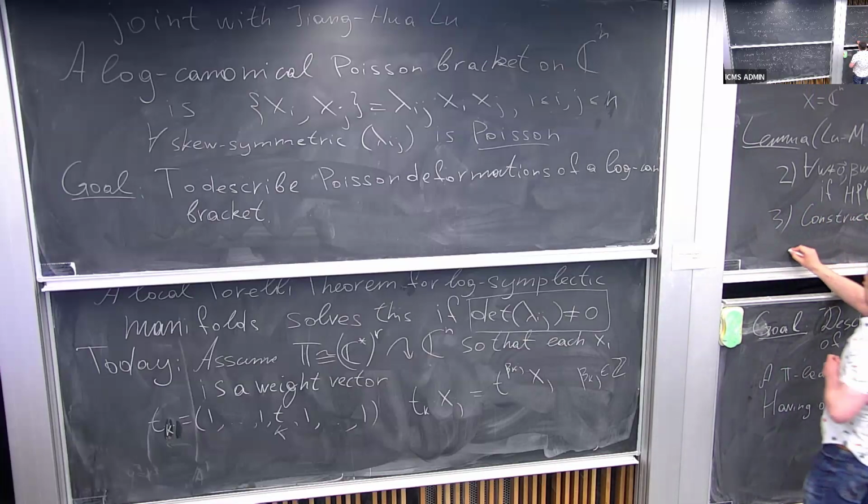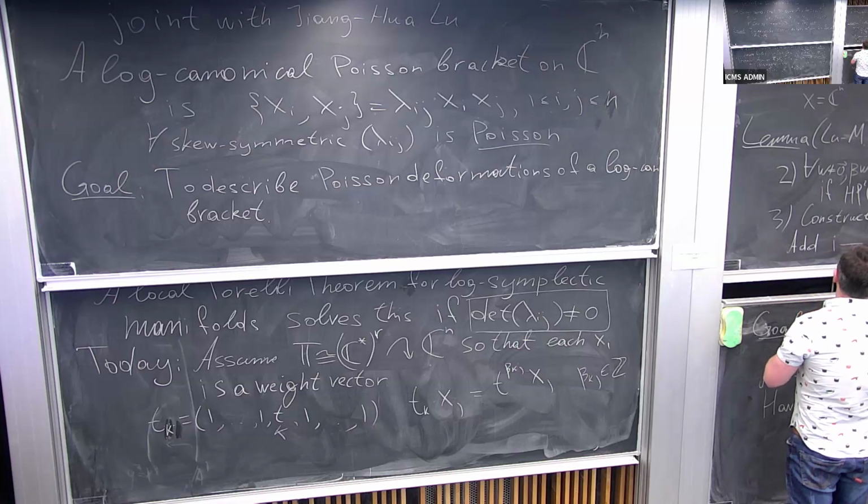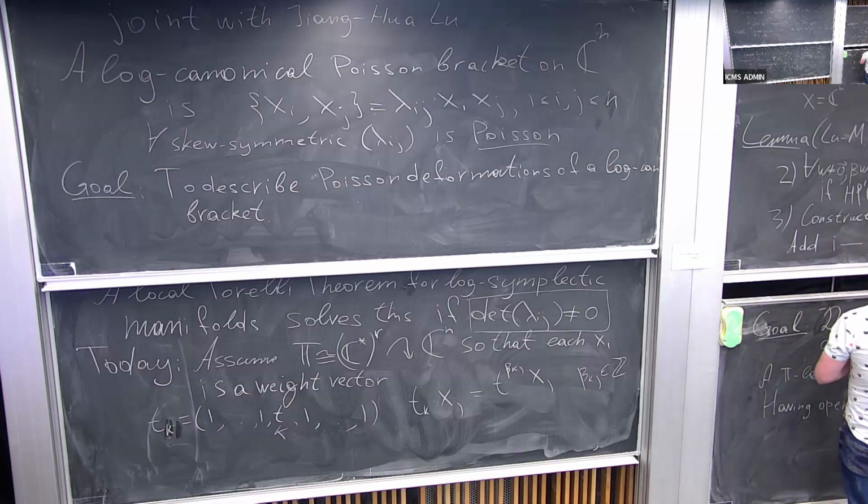We add an edge connecting I to J each time there is a W that contributes to the Poisson cohomology and that has -1s at coordinates I and J. So every time we have a contribution to Poisson cohomology, disregard the zero ones, just look at the other non-zero weight contributions.